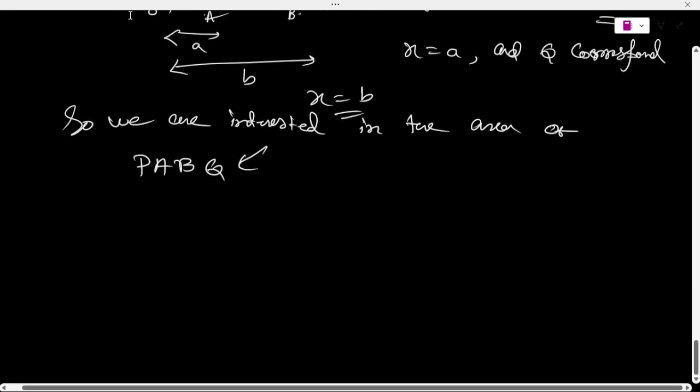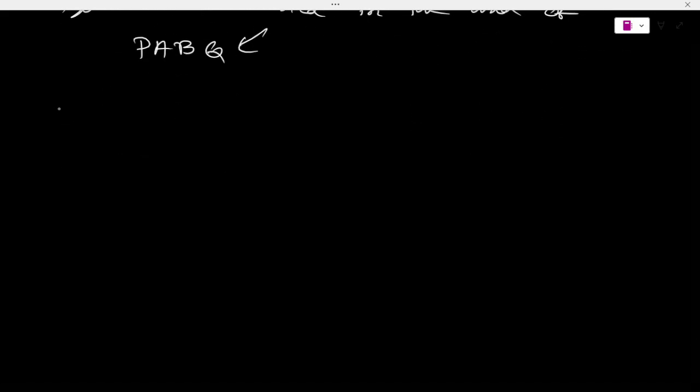So let's start with how we'll find it. First, let's take y is equal to f of x, which denotes y as a function of x.